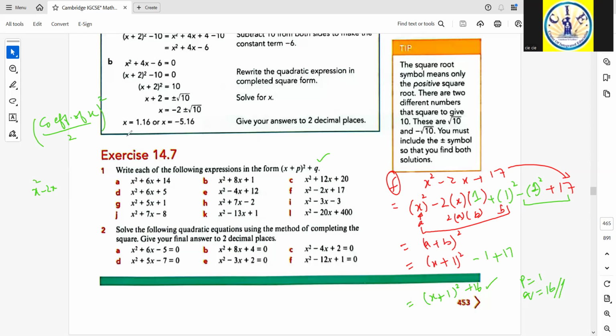In this case, the coefficient of x is 2, this one. So we need to divide it by 2 and then square it. 2 gets cancelled out. This is 1 square. So this is 1 square that you need to add and subtract. So that's what we did previously. So in both ways, you can understand it.